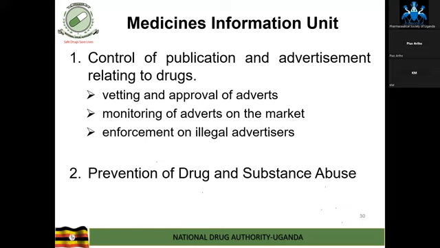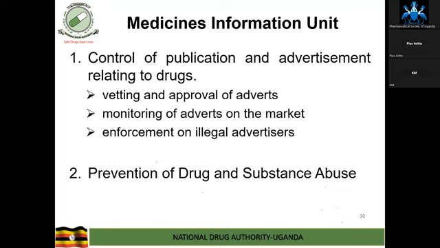This is embedded in the NDA Act, Section 33. So what NDA does here is we receive adverts and we vet them and approve or reject the adverts, and they go out to the public in the different forms.